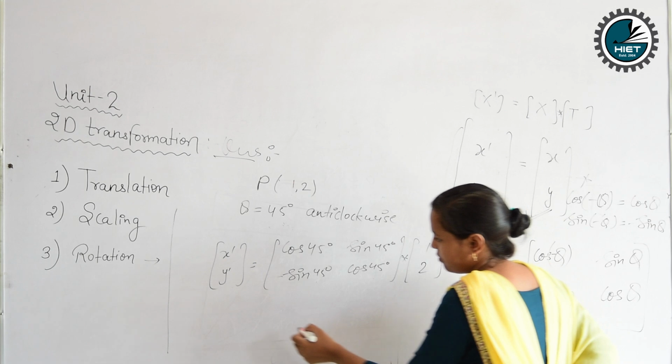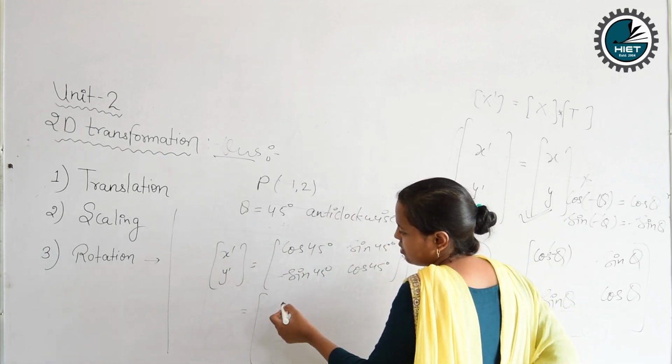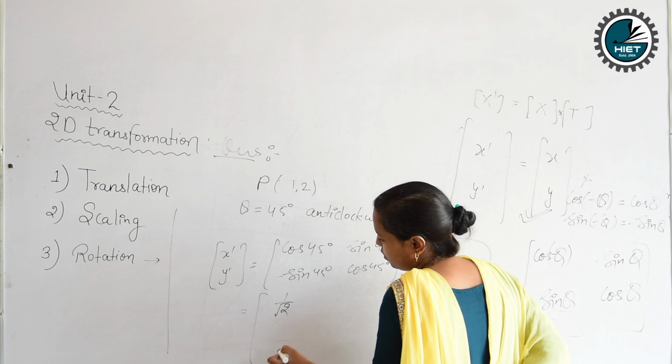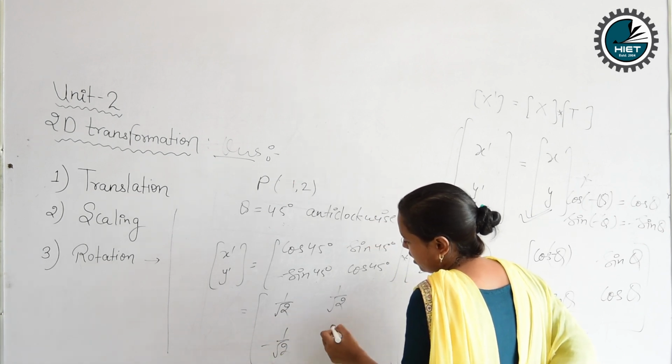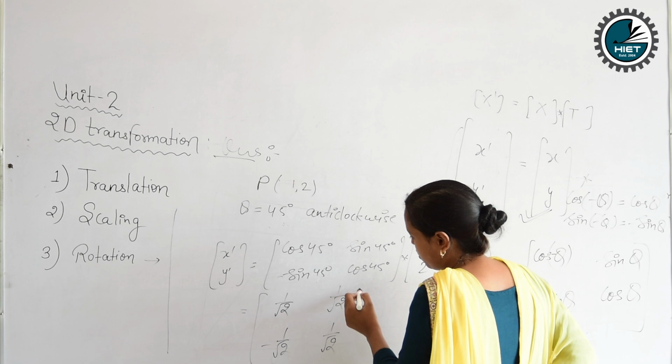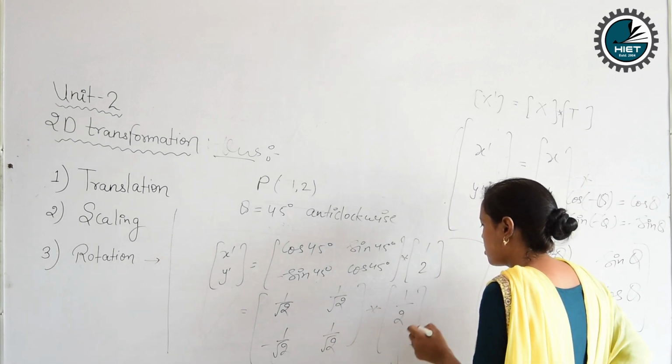Cos 45 degrees is 1 by root 2, sin 45 degrees is 1 by root 2, multiplied with the old matrix 1, 2 of the object.